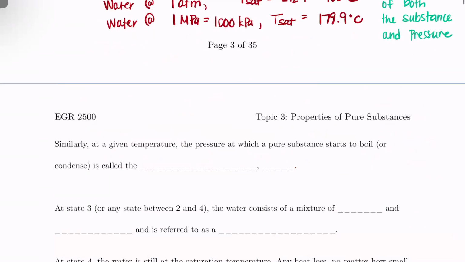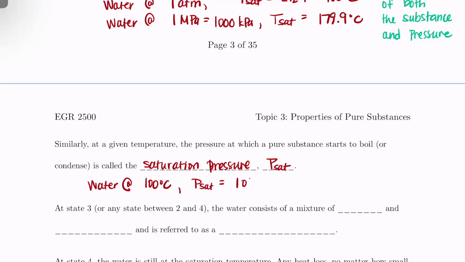So I already kind of started doing this by accident, but just like how we have a saturation temperature, we also have a saturation pressure. So our saturation pressure, or PSAT, is the pressure at which a pure substance starts to boil or condense. So for example, water at 100 degrees C has a saturation pressure of 101.3 kPa or 1 atmosphere, right?